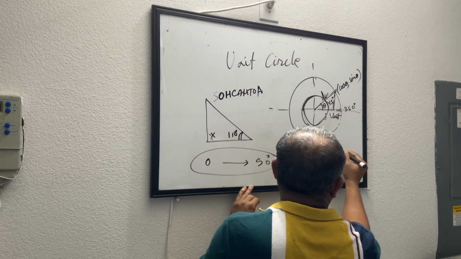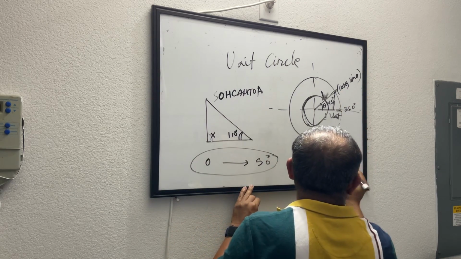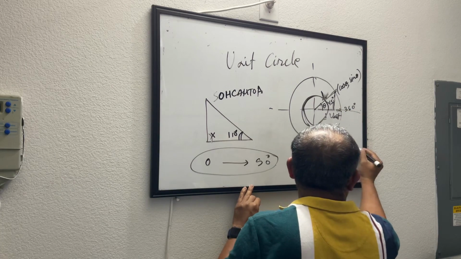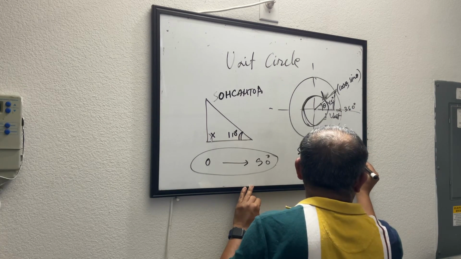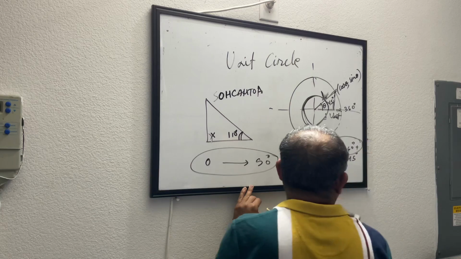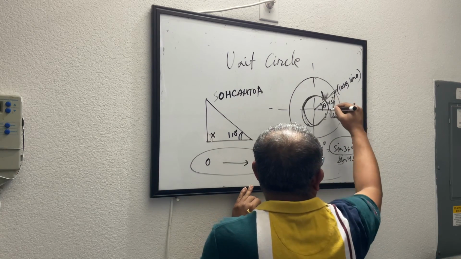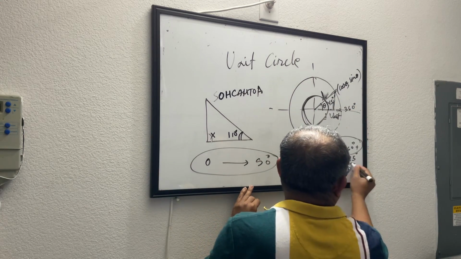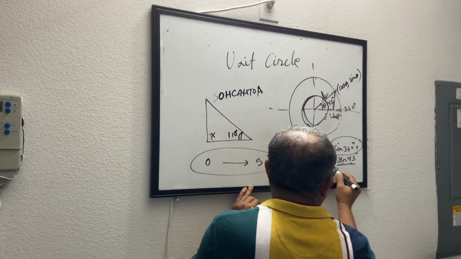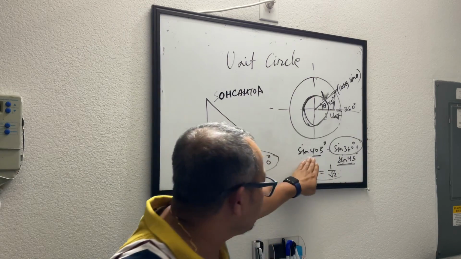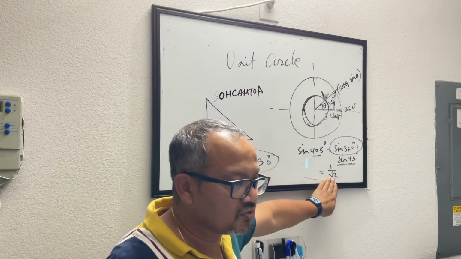So this will be equal to sine 360 degree, which is 0, plus sine of 45 degree. This is anyway making complete loop, and here it's 0. This will be 1 over root 2. So sine of 405 degree will be 1 by root 2.